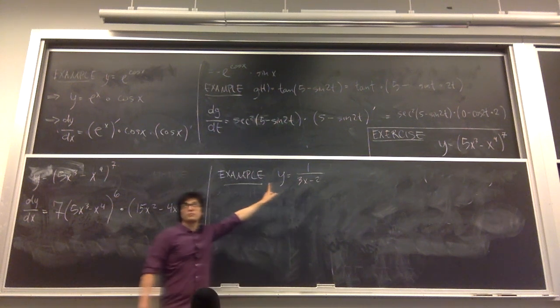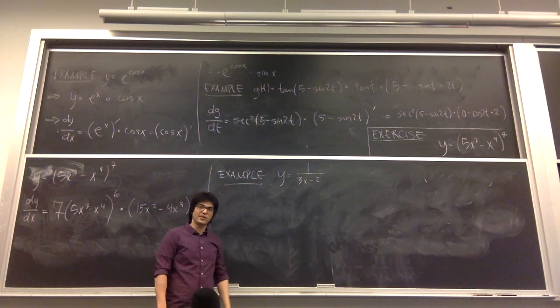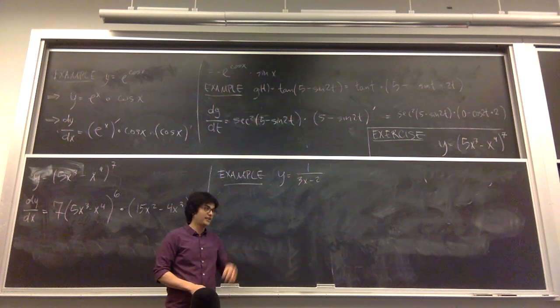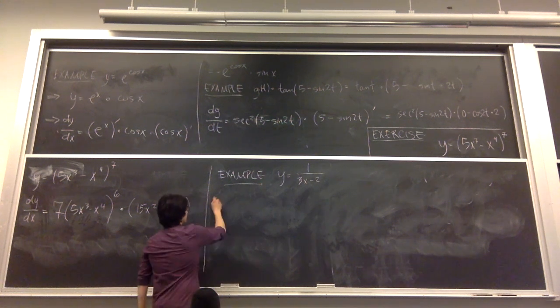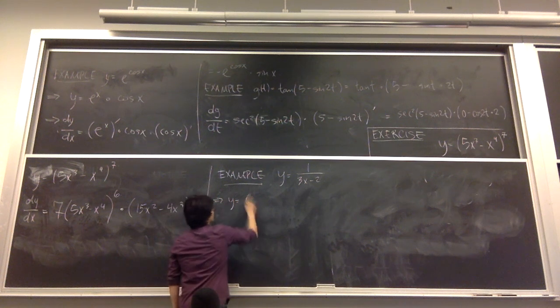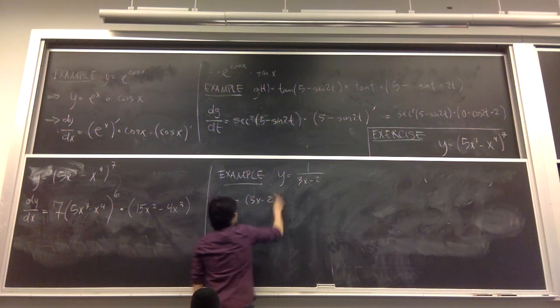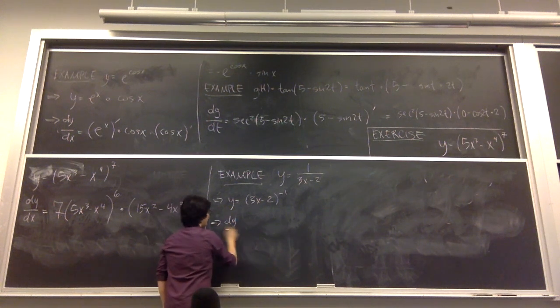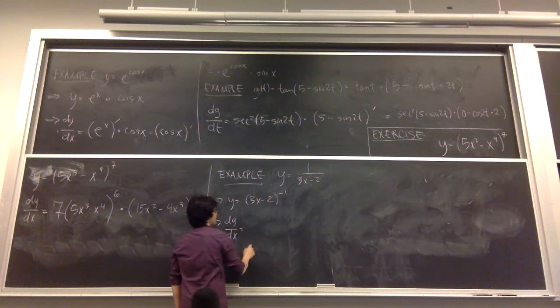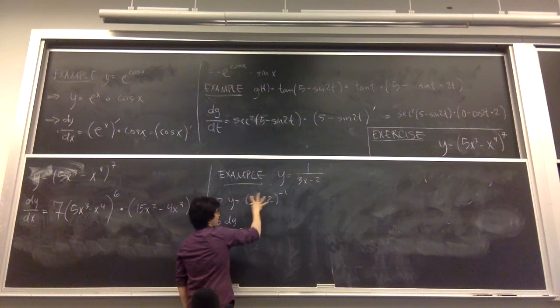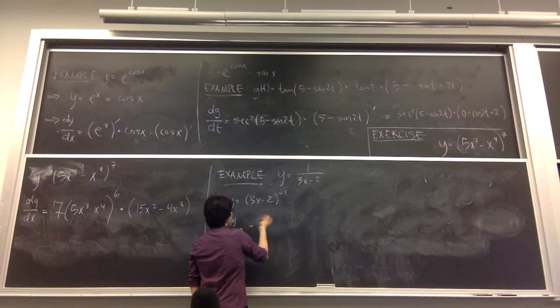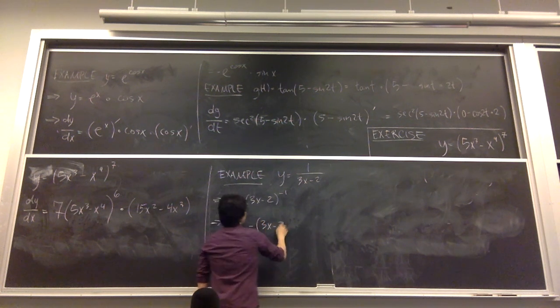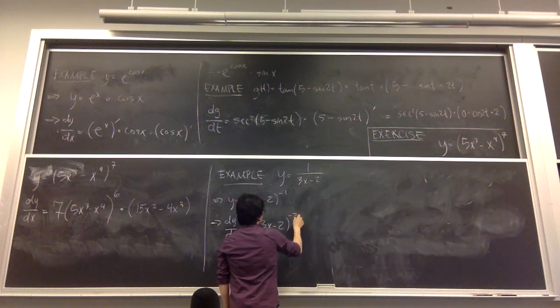We could use quotient rule on this, but now that I've given you product rule, what's a different way you could do it? Exactly. We have y equal to 3x minus 2 to the minus 1, which means the derivative with respect to x is, abstracting the middle, minus 1 times 3x minus 2 to the power of minus 1 minus 1, which is minus 2.